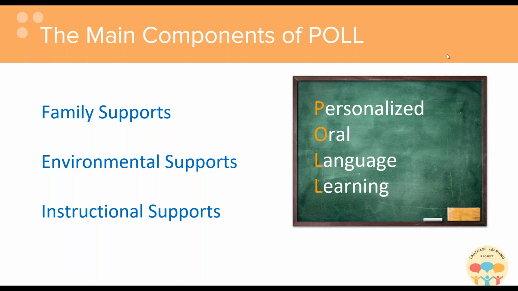That is why those are the three main components of Pole: family supports, environmental supports, and instructional supports. During our time together, we're going to have a brief overview of the main components of Pole. And then later in the webinar, we're going to get into our website, where you'll find a plethora of other resources and tools for you to use as you work with different providers, facilitators, and caregivers, so you can learn more.